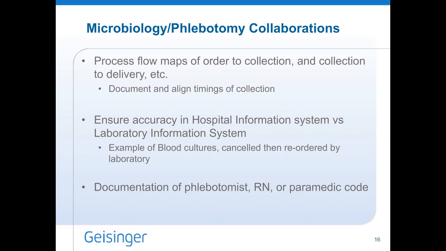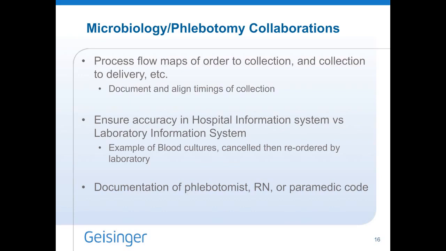And each of these timings is important to document and align the timings of collection and delivery and all of those things. And we've found that through these audits, we've uncovered several issues that can impact the core measures.